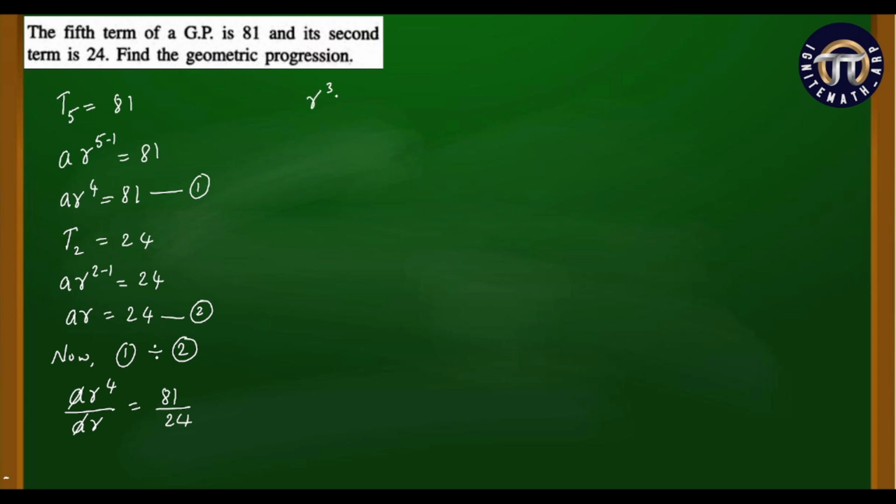So I'll be left with R cube is equal to 81 by 24. So this can be still simplified, look at this. 24, 3 8s are, 3 27s are. So R cube is equal to 27 by 8 I can write. So R is equal to cube root of 27 by 8. So R is equal to 3 by 2.